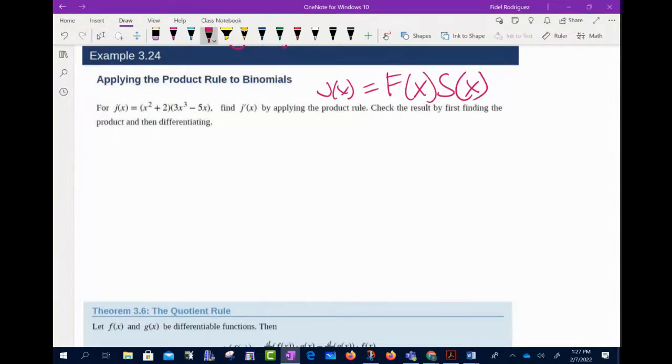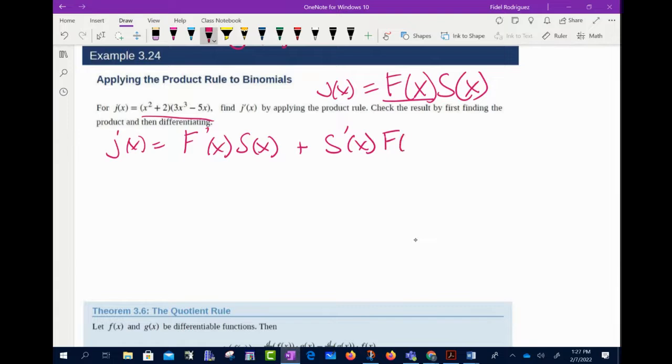Now we're going to apply our principle here. It says for j of x equal to this expression here, find j prime of x by applying the product rule. So remember, the way I'm going to find my derivative, y'all, it's the derivative of the first, so f prime of x times the second, plus the derivative of the second times the first.